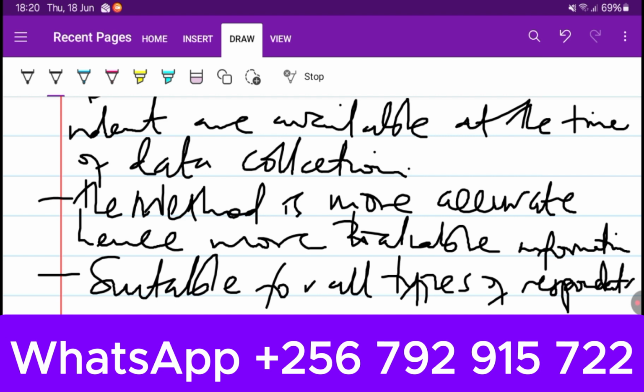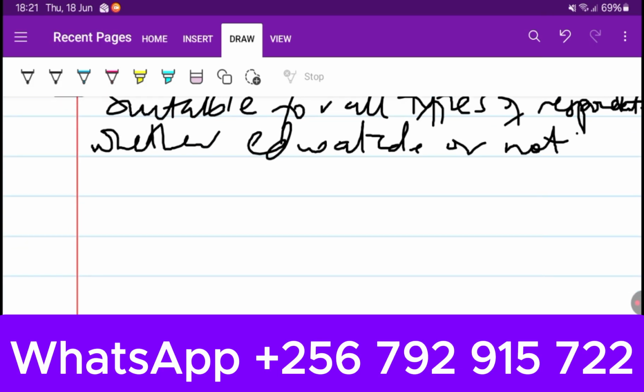You meet them, they get that personal connection with you or with the researcher. So it is suitable for all types of respondents, whether educated or not.